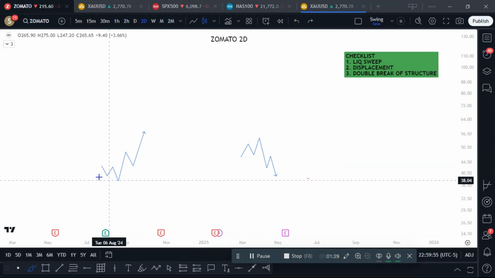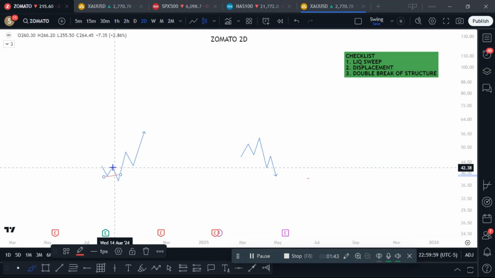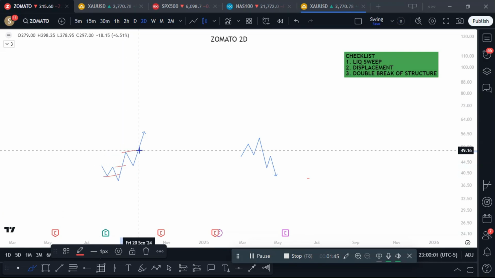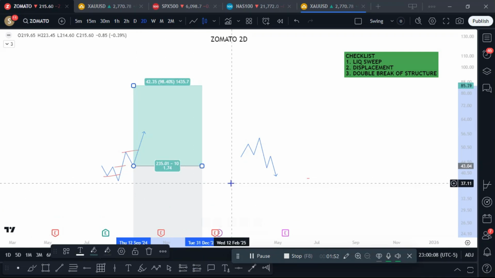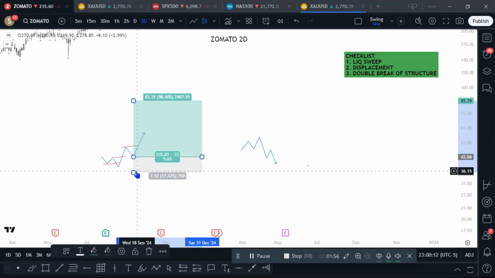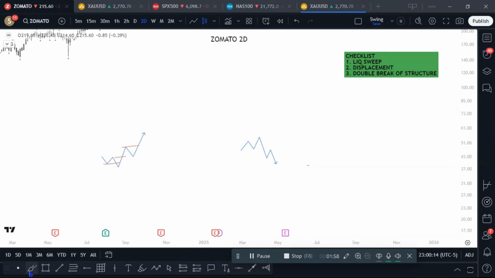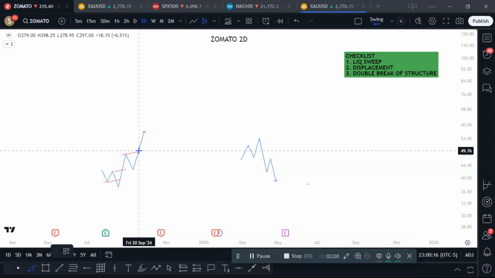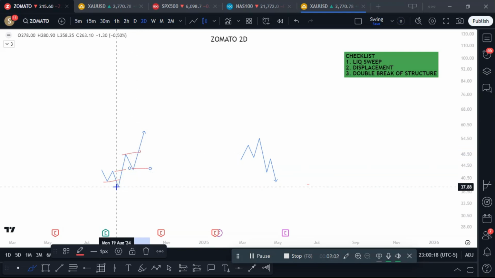Let's understand a bullish example. Here the market was down and it swept liquidity, made one shift, made another shift. This condition we need, and after that we will set our trade below this level of the double break. Why? Because that double break was a trap. In this support and resistance, traders take entry there, they place their stops here.